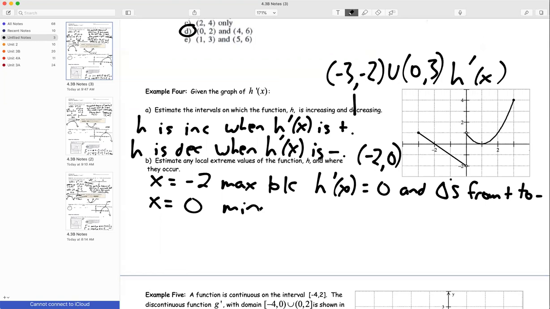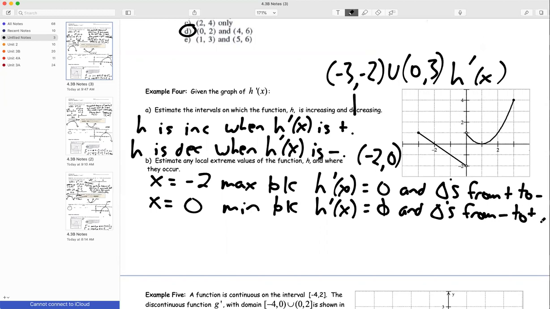So x equal to 0 is a minimum because h prime of x is undefined. How do I know it's undefined? There's a jump discontinuity on my derivative graph. So it is undefined and changes from negative to positive. It's below the x-axis, then it's above the x-axis on the derivative graph. X is equal to 1.